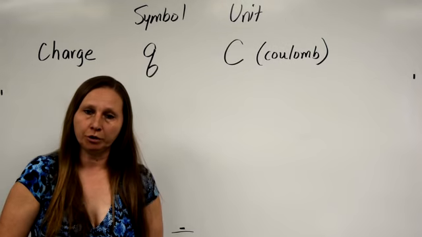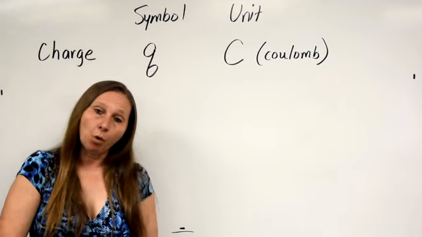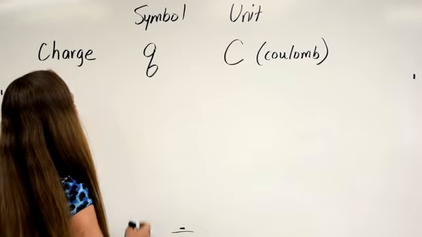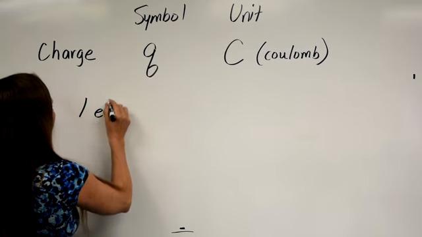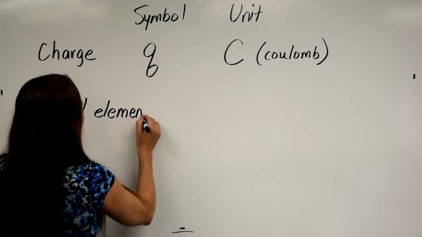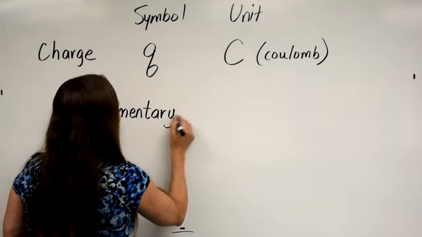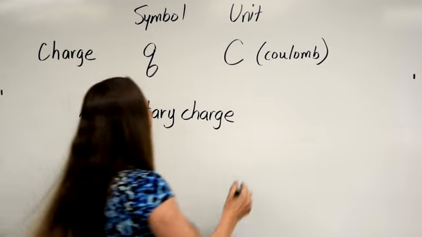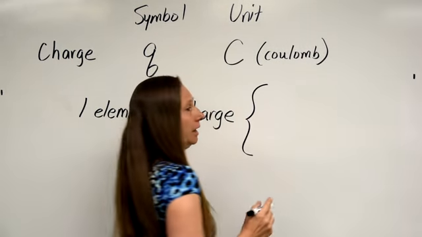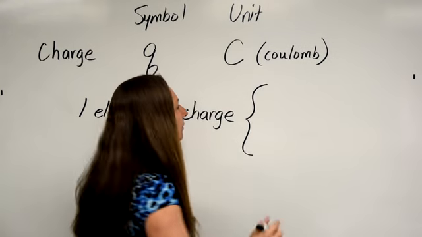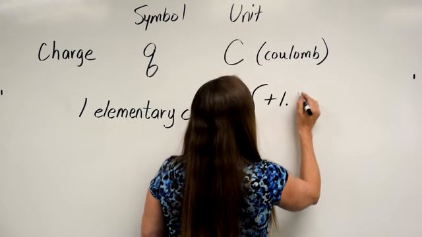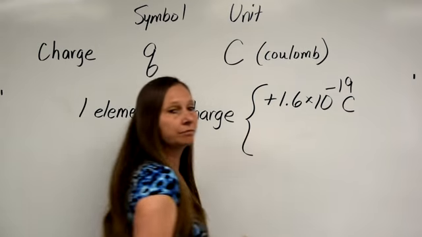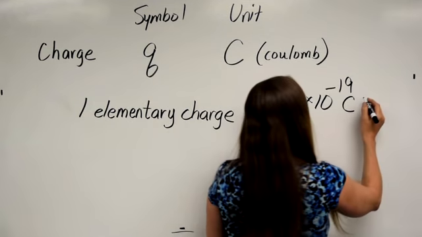Now, perhaps you also recall that at one time, the smallest charge that we thought was possible was called one elementary charge. If we're talking about a proton, that would be positive 1.6 times 10 to the negative 19 coulombs. That's the charge on a proton.